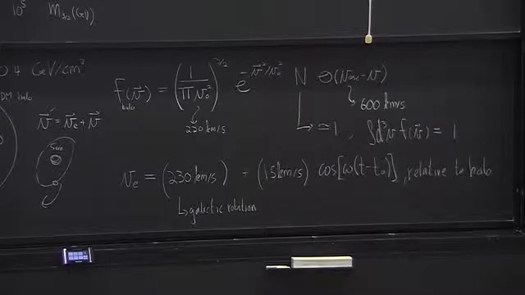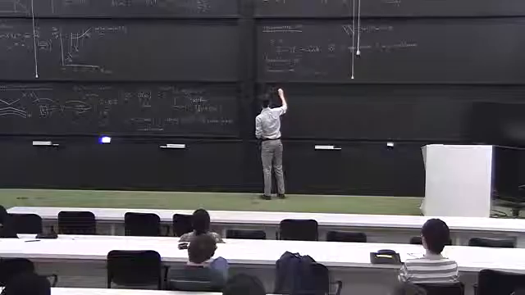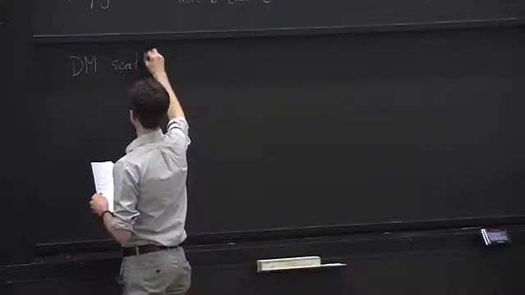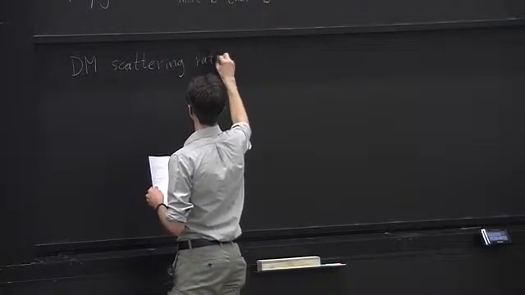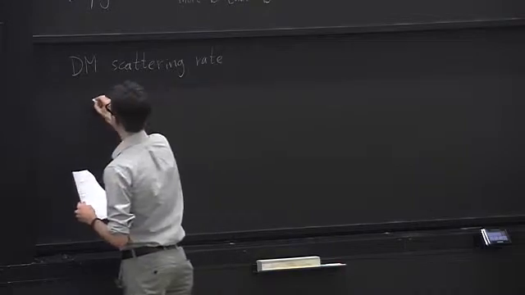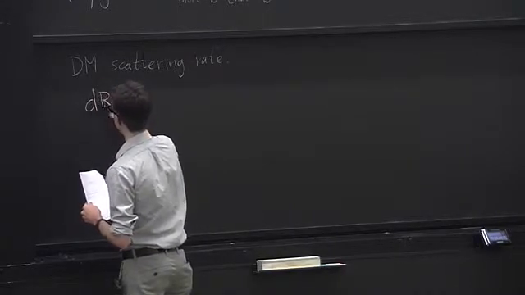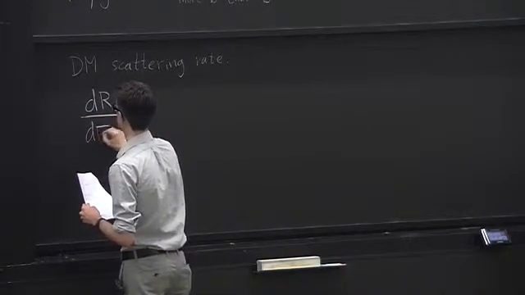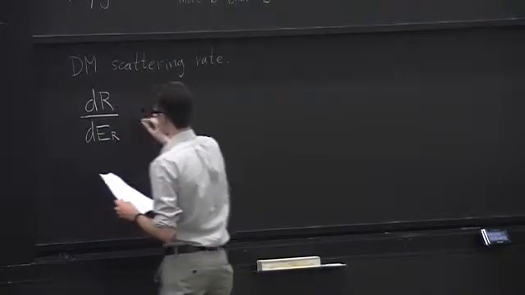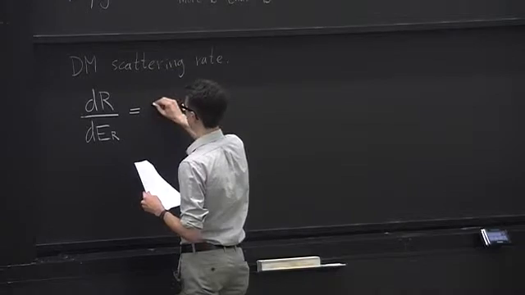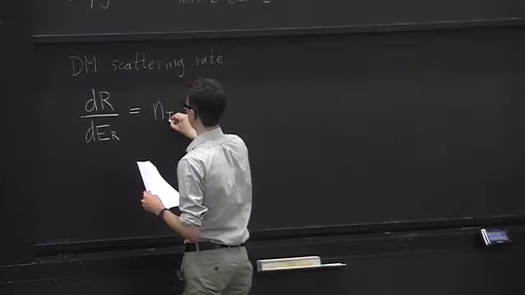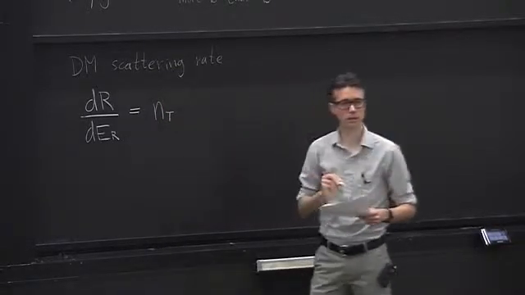And the way we usually write the dark matter scattering rate is as a differential rate per unit energy. So we write the rate per unit energy. And this rate per unit energy is fairly straightforward to understand. We normalize the rate to the target density.